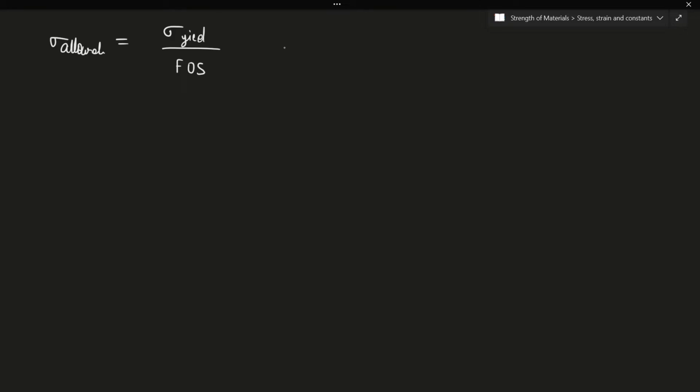Right, so this is for ductile materials. And sigma allowable would be equal to sigma ultimate divided by factor of safety for brittle materials. Right, so because in brittle materials we'll not be exactly knowing the yield stress, so we are going to take up ultimate stress in case of brittle materials, and we are going to divide that by factor of safety.